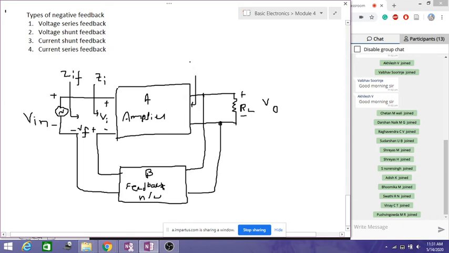The output impedance is Z0, and the overall output impedance is ZOF. This is positive and this is negative, the feedback network. Now when we talk about voltage series feedback, it means in series with this we have taken the output back to the input. If it is shunt, we connect in parallel at the output. Likewise for current shunt and current series feedback. I will not talk much about this. I will take one simple example here.